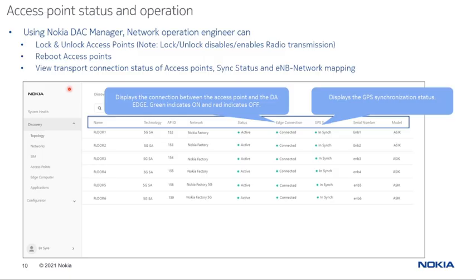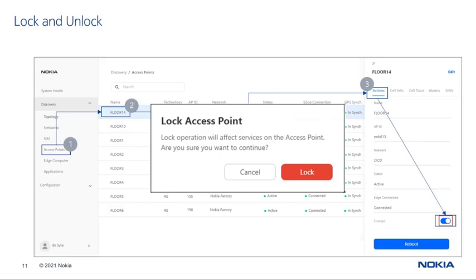And through other views and then through the specific management steps of the access points, you will be able to see what operations the customer can do, including locking, unlocking, rebooting the access point, and what kind of parameters and status information are still visible related to the access points. Once you select a given radio, then under this action view, you are able to either lock or unlock that whole radio.